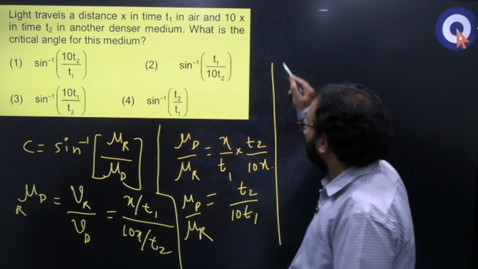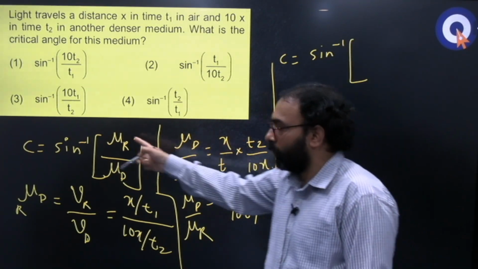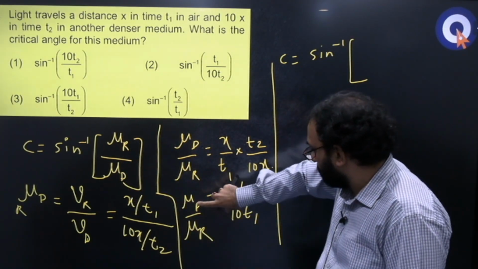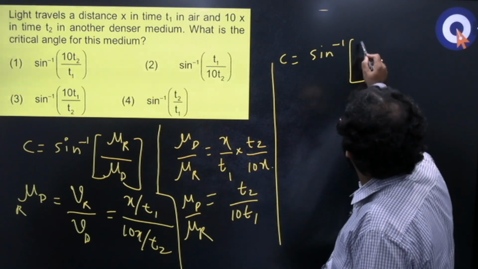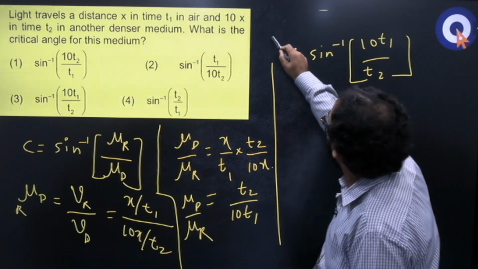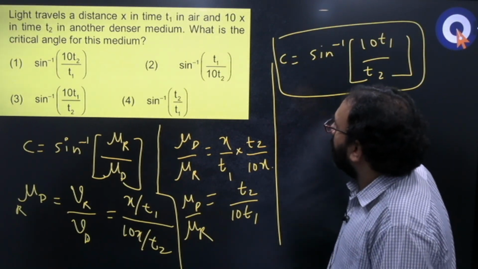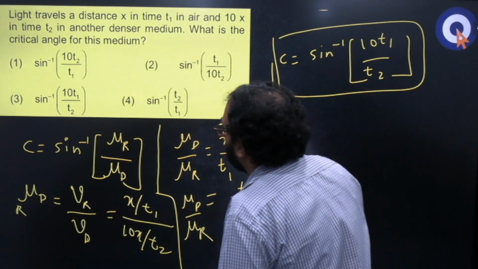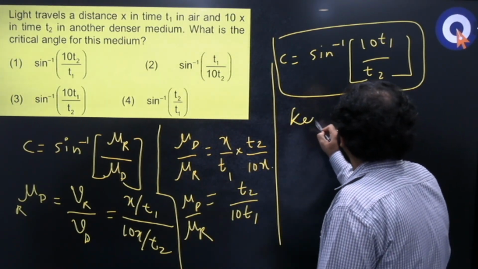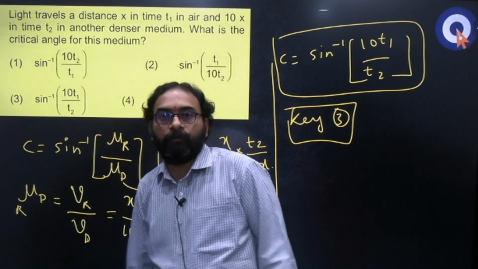Finally, critical angle is sine inverse of mu rarer by mu denser. So you just revert it, mu rarer by mu denser, you will get 10 t1 by t2. This is the critical angle. So which option? Sine inverse of 10 t1 by t2. Third one.